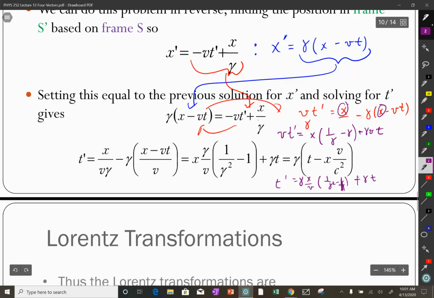What is 1 over gamma squared minus 1? 1 over gamma squared is equal to 1 minus v squared over c squared. So 1 over gamma squared minus 1 is minus v squared over c squared.